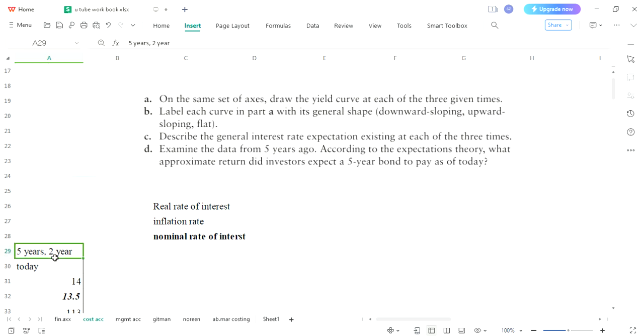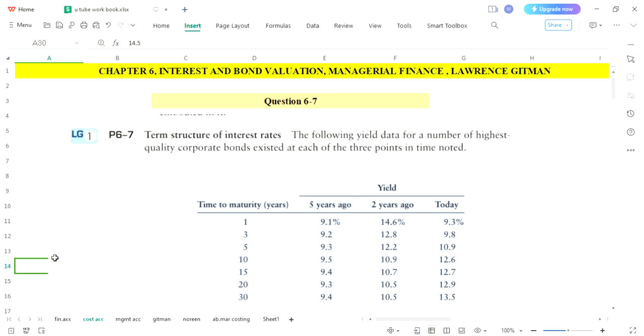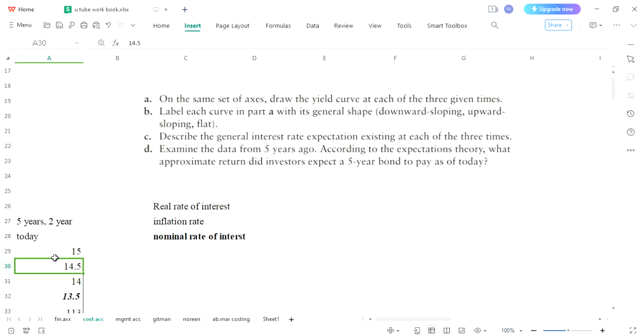So instead of writing these headings over here, just push them upward and make your graph a little extended. It should be 14.5, and as you know we need 15 as well, because the maximum amount is 14.6, that means more than 14.5.